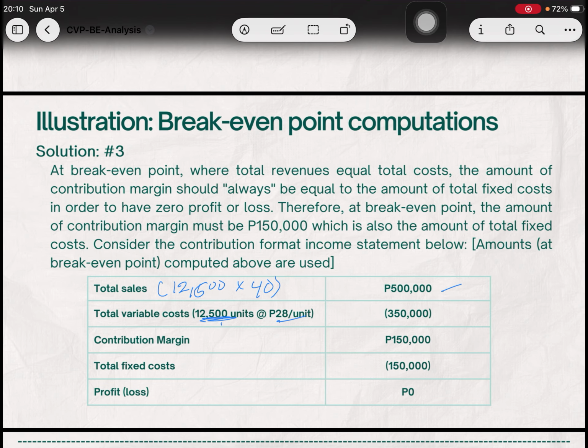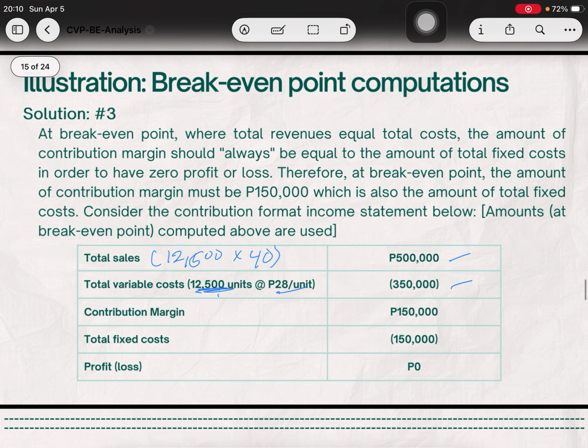So, nanggaling ang 28 dun sa requirement number 1. So, that's 350,000. And, alam na natin yung break-even point in peso sales, that is 500,000. And then, na-compute na rin natin yung ating total variable cost at break-even point, that is 350,000. Just get the difference. Ang ating contribution margin at break-even point is 150,000. So, yan yung sagot natin, 150,000.